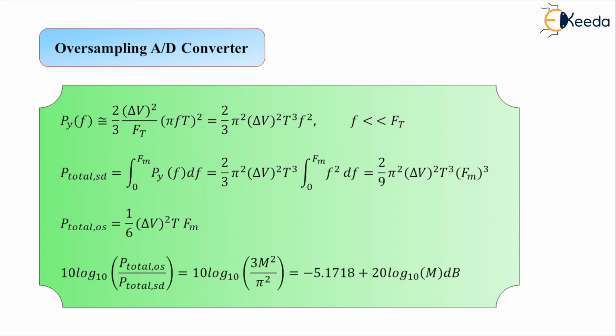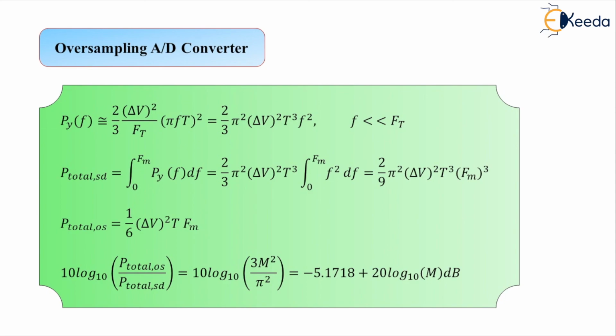This is equal to, if we substitute, 10 log to the base 10 of 3 capital M square divided by pi square. So this is also expressed in the form minus 5.1718 added to 20 times log to the base 10 of capital M in terms of decibels, where capital M is equal to ft by twice fm, denoting the OSR.